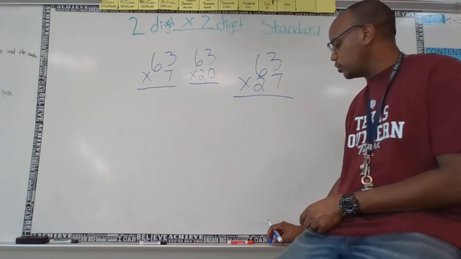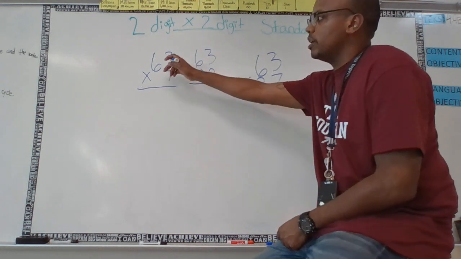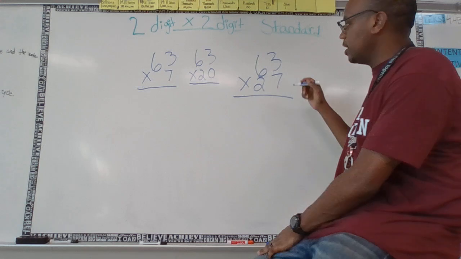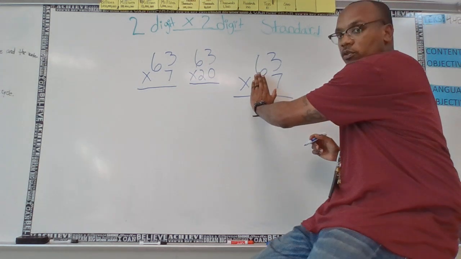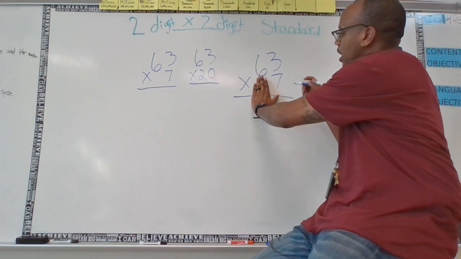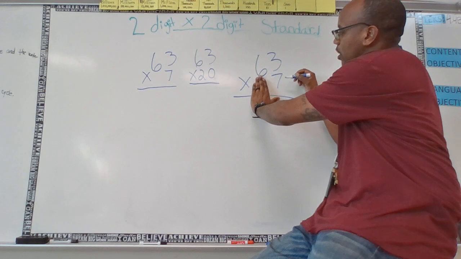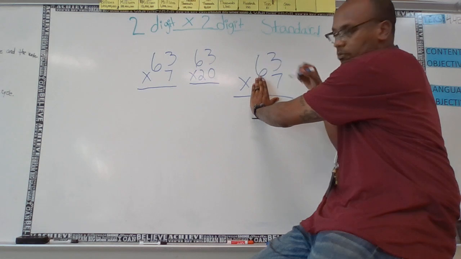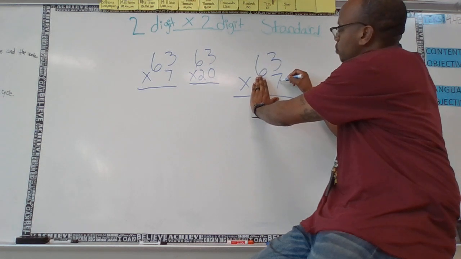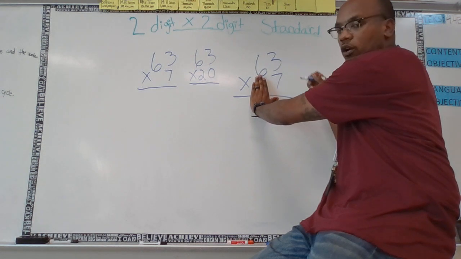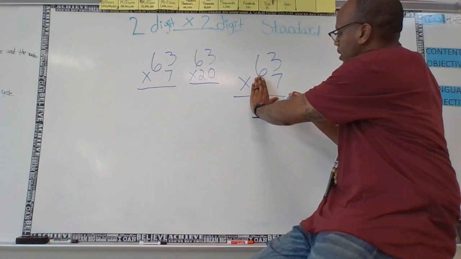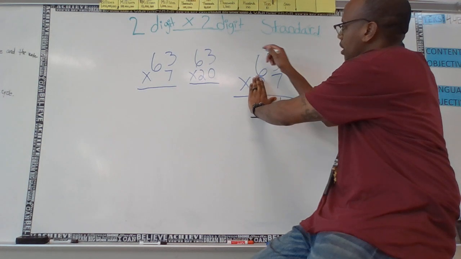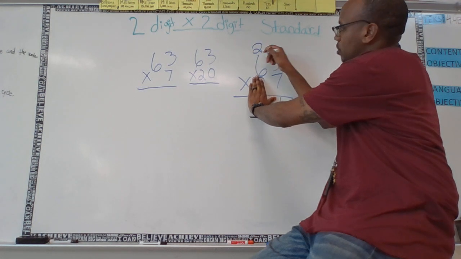So the first thing we're going to do is 63 times 7. The easy way to do it is to cover up this 2 and do 63 times 7. You're going to do the ones times the ones place first, and then the ones times the tens place, right? So you're going to do 7 times 3, which is 21. You're going to put the 1 down, and you're going to carry the 2.